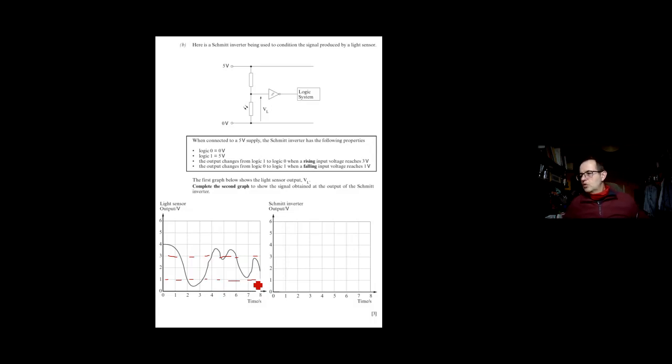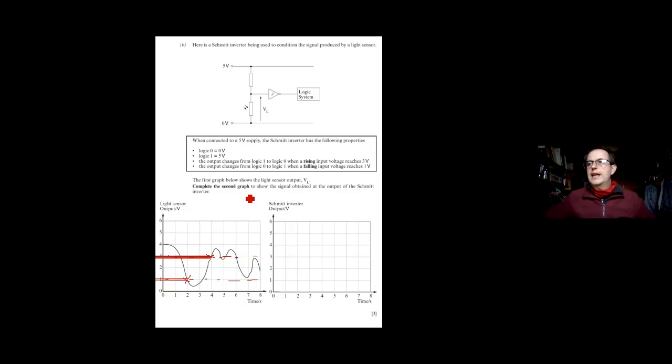When it comes to doing the graph, you'll see that when the signal is falling, it hits the threshold of 1 volt. That point becomes very important. You've also got the rising threshold, so when it crosses at that point, which is there.